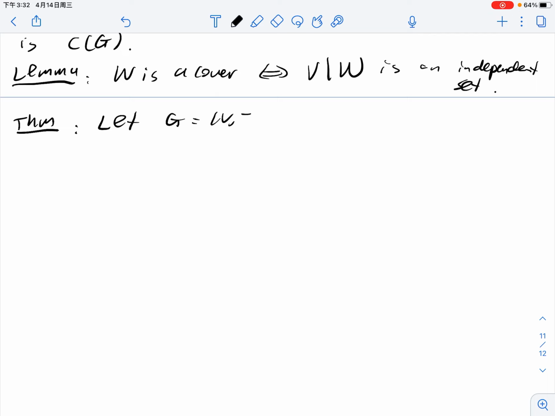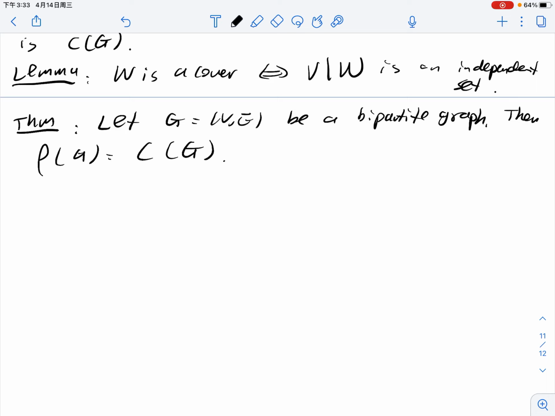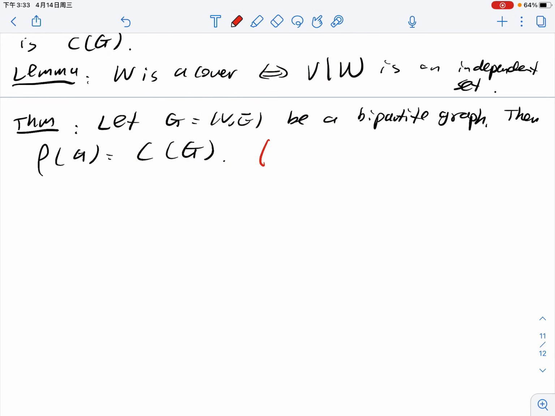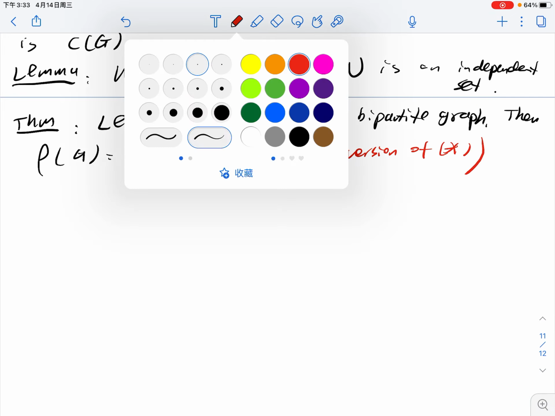Let G be a bipartite graph. Then the matching number rho(G) is the same as the cover number c(G). This is another version of the asterisk formula we gave above.